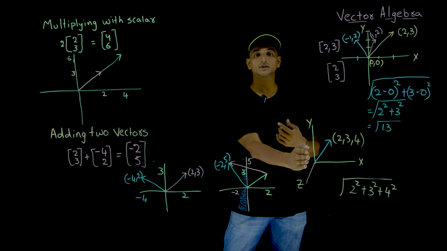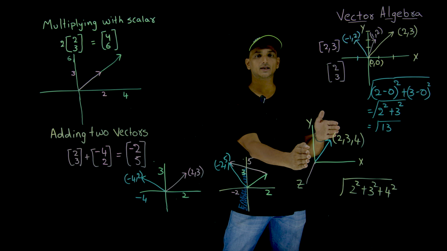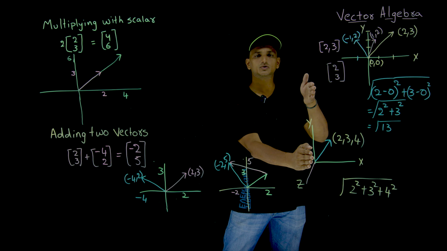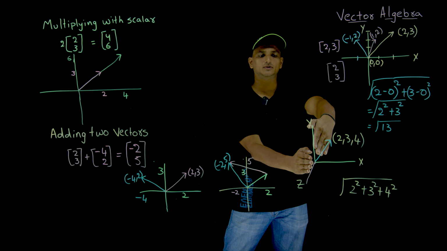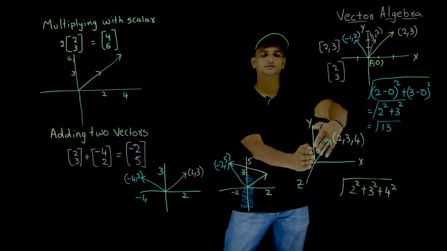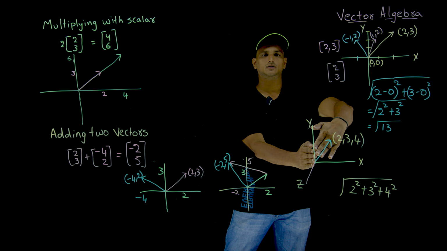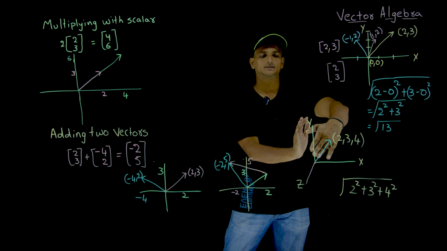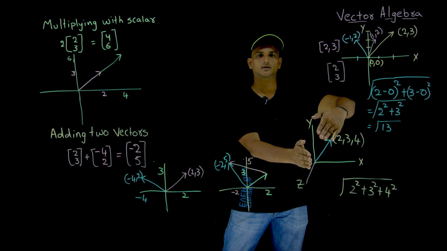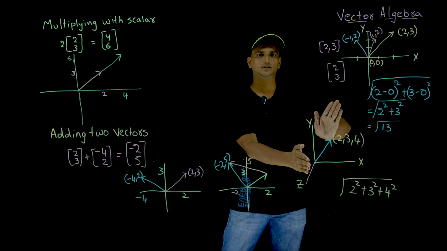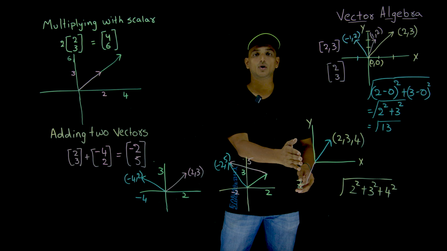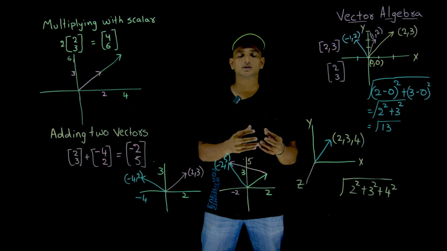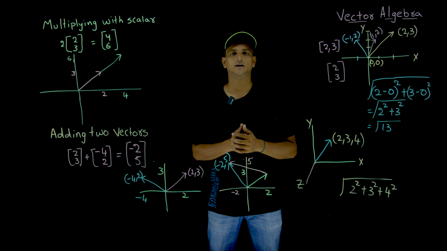It can be represented as 2 units towards the x-axis, 3 units towards the y-axis and 4 units towards the z-axis. So this vector should be like this, in this direction. Think of the second hand of a clock: this hand we call a vector. It is moving like this, and here it will stop. This is how a vector in a three-dimensional space can be represented.